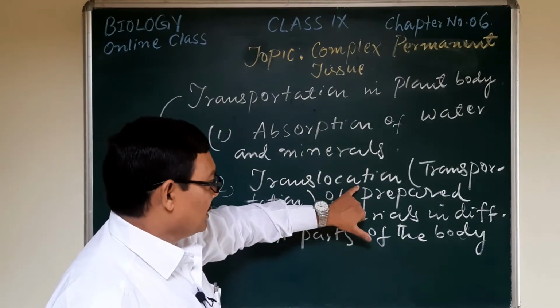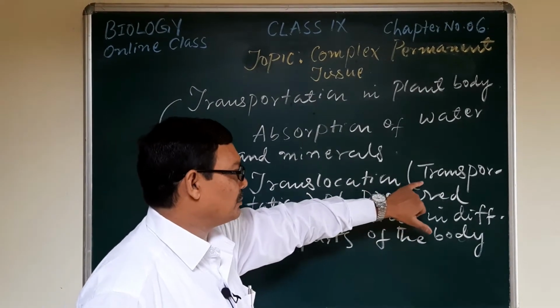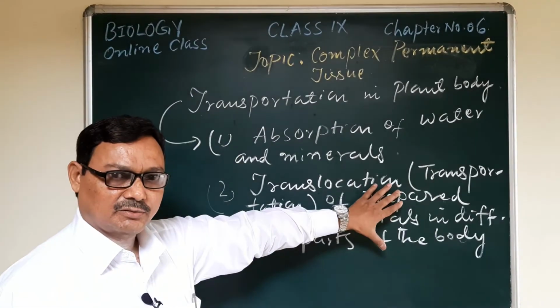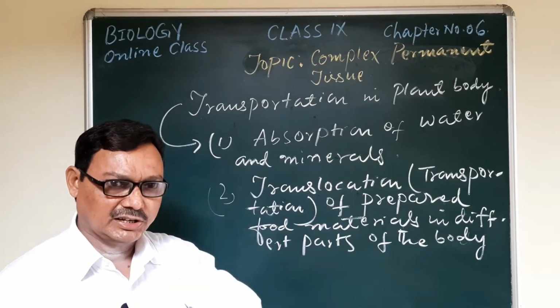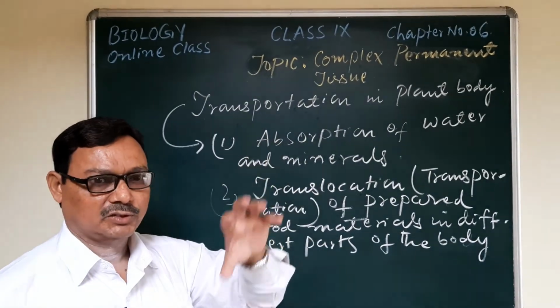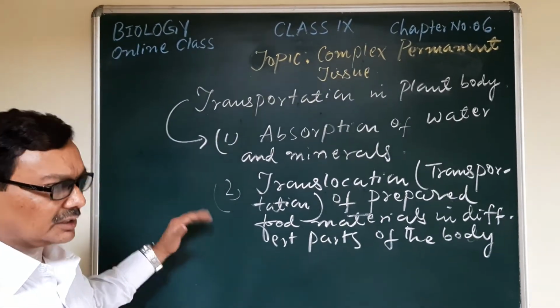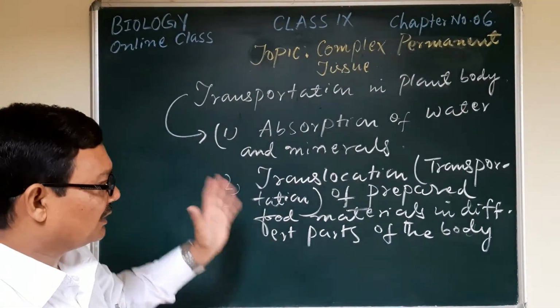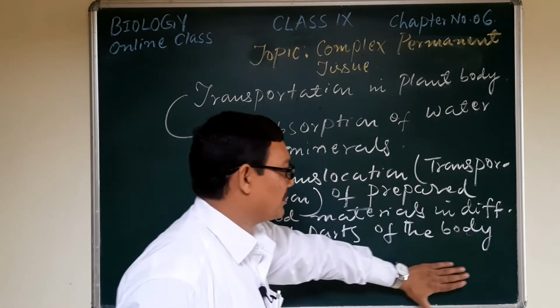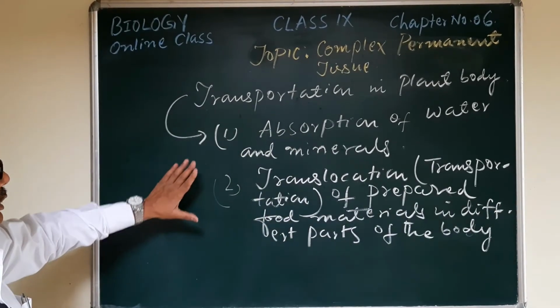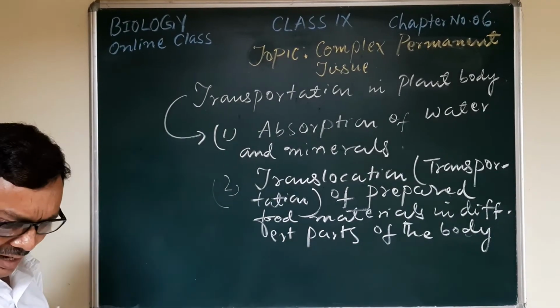And after the food materials are manufactured within the leaves, that food is utilized according to the requirement of the body for energy and also for storage in different parts of the body. So these two functions I have shown you.